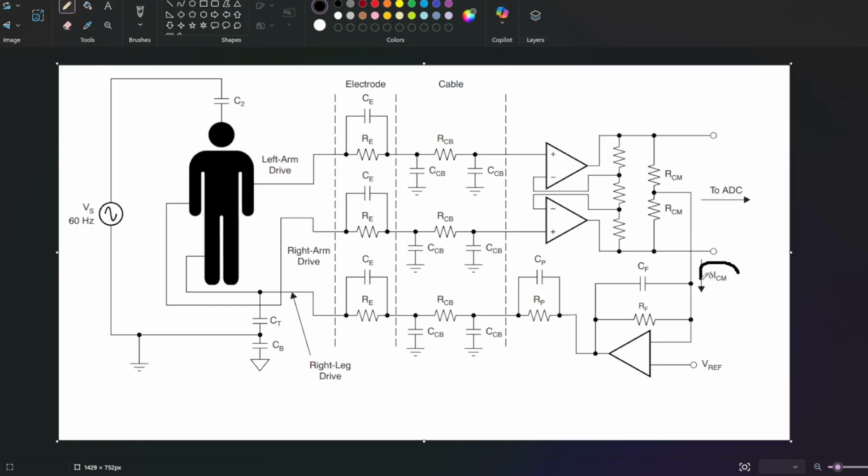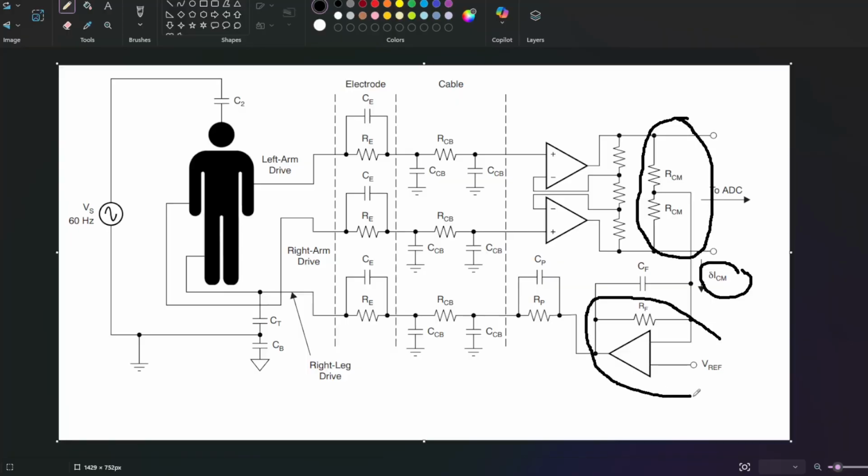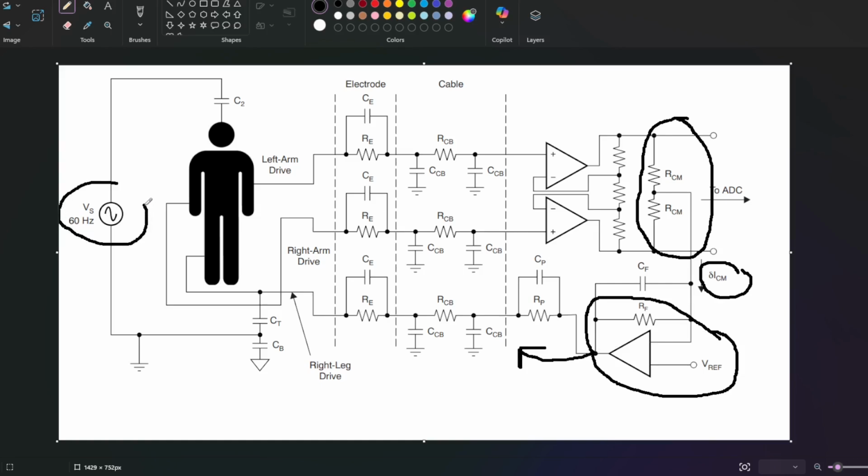The circuit first measures the common mode voltage present at the amplifier inputs. This means it calculates the average voltage between the two electrodes. Then an amplifier generates an inverted version of this signal and feeds it back into the patient's body through the RLD electrode. So if the body is being driven by a 50 Hz interference signal, the RLD generates an opposite signal that cancels it.